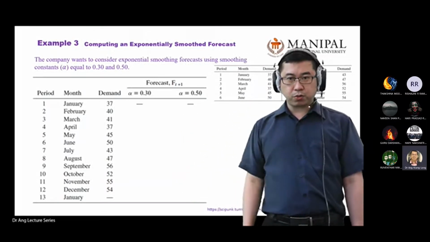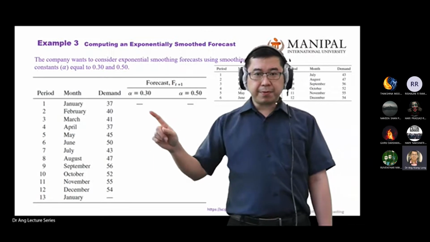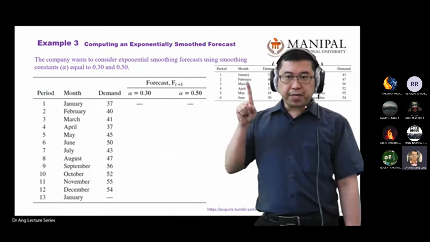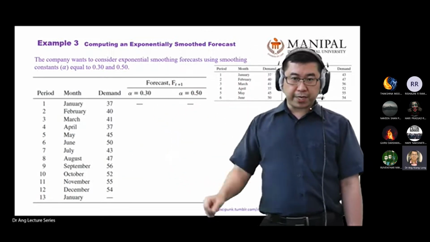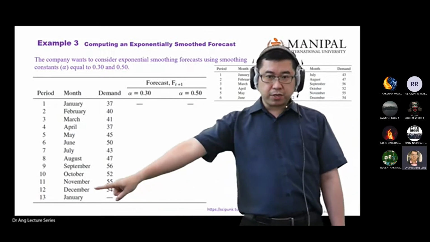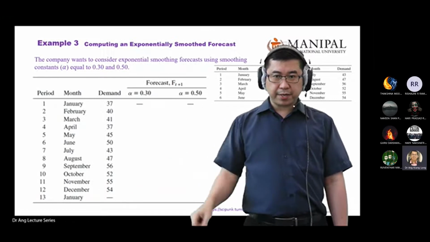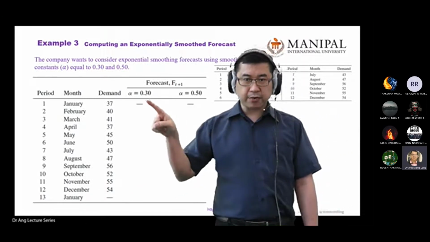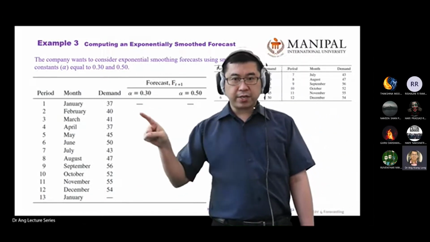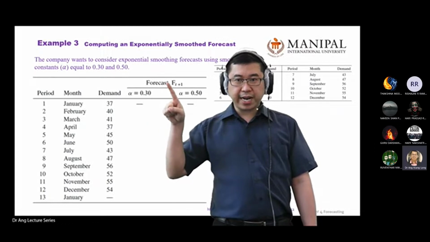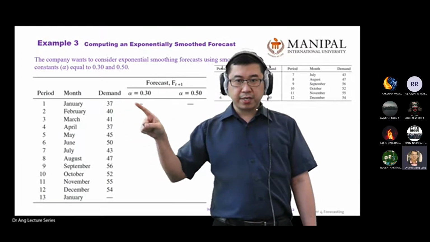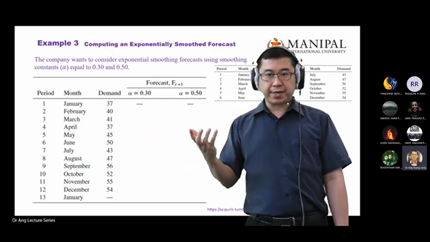But I will show you how to do the first one. For example, if you copy this raw data into table form like this, you need to forecast January. For the first month, January, because you want to generate F sub t plus 1 for January, there is no data for you to calculate.